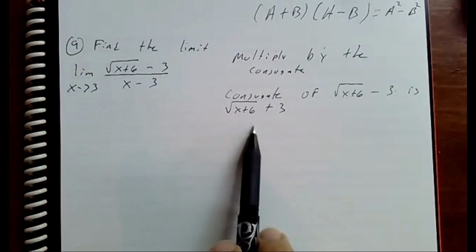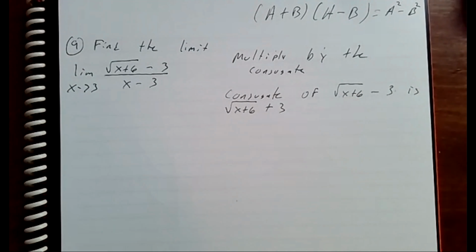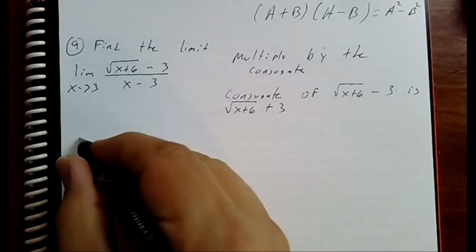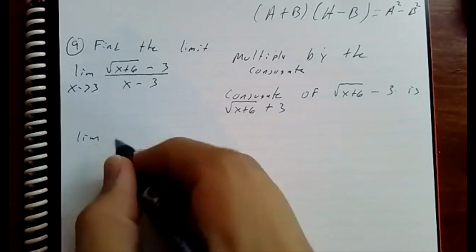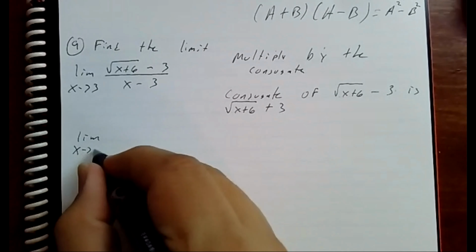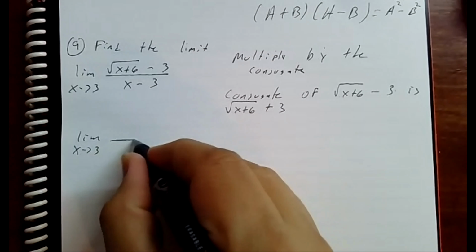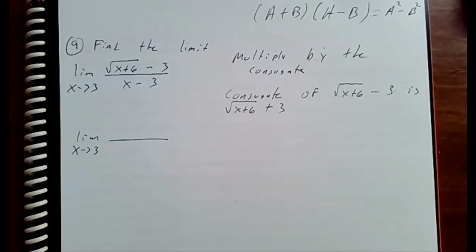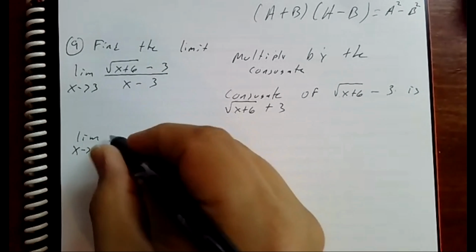So this is the conjugate of that. All right. So we're going to multiply the top and bottom by the conjugate. That's how you simplify the problem. And then hopefully something cancels, which allows you to take the limit. So this is the technique.